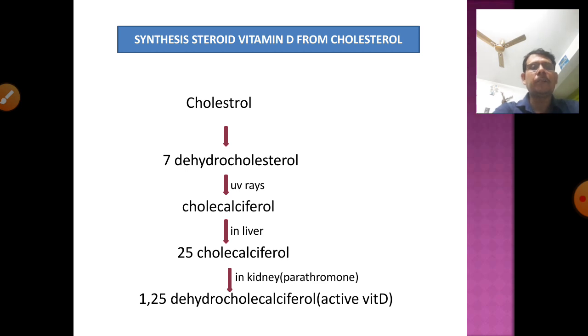In the liver, 25-hydroxycholecalciferol is formed, and in the kidney, under parathyroid hormone, 1,25-dihydroxycholecalciferol is formed. There are two types, vitamin D2 and D3. The precursor molecule is cholesterol, in the presence of ultraviolet rays, and the steps occur in the liver, then the kidney, and basically in the skin.